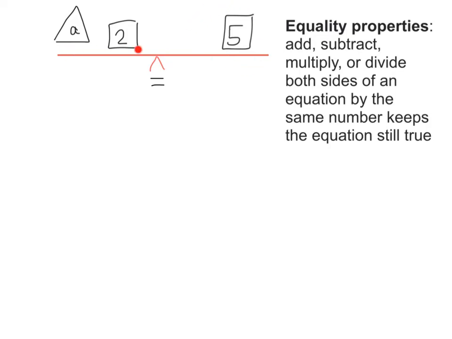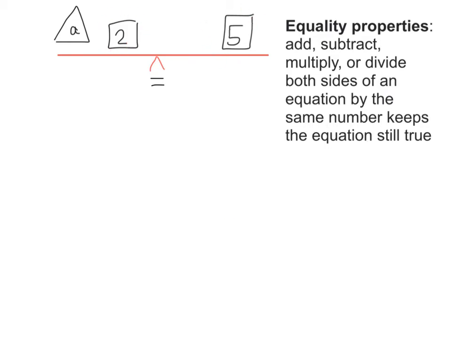And so if I want to keep this balanced, then equality properties say I can add the same number or subtract the same number or multiply the same number or divide by the same number on both sides, and my balance will stay equal. Well, it looks like I can take 2 off of both sides.